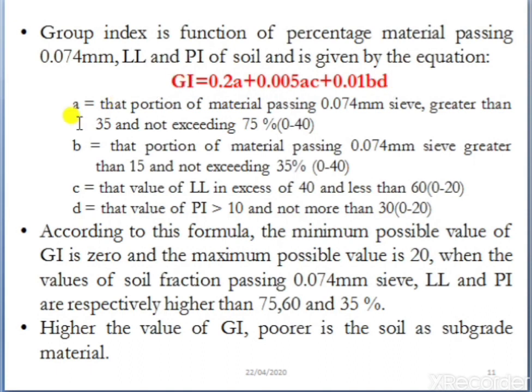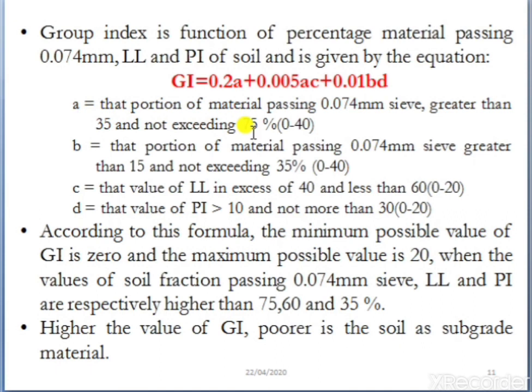Here, a is the proportion of material passing through the 0.074 mm sieve greater than 35% and not exceeding 75%. That is, the material passing through the 0.074 mm sieve is greater than 35%, and it will not exceed 75%.